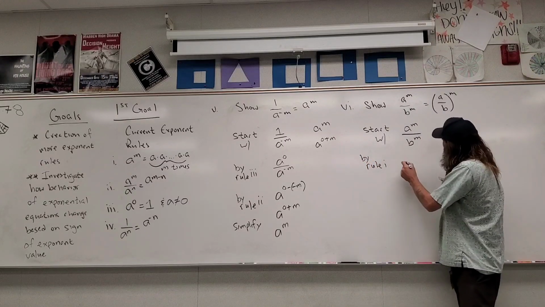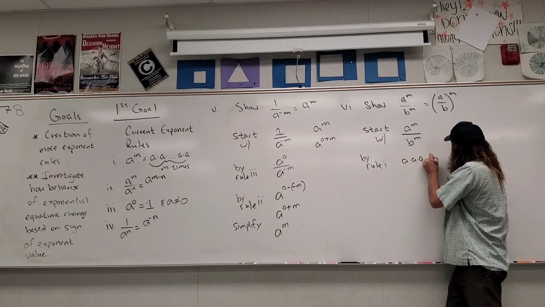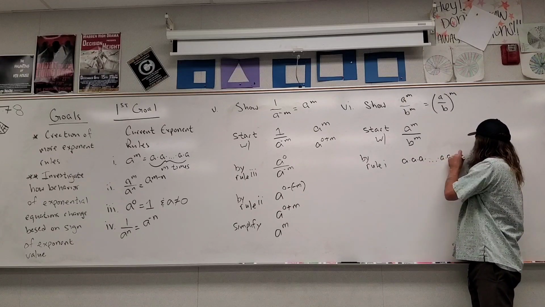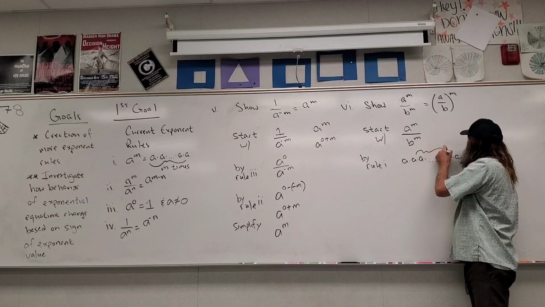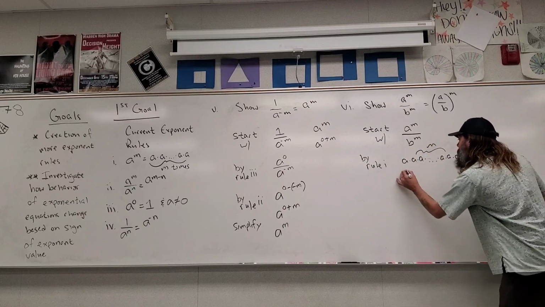I can now say I have a times a times a dot dot dot times a times a times a, and this is a total of m times. And I can also do that for b.